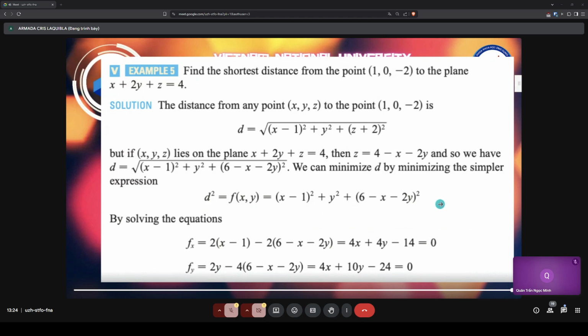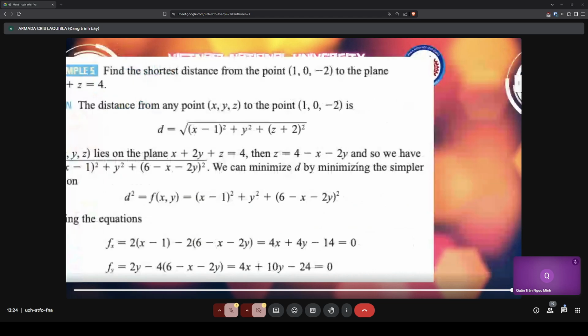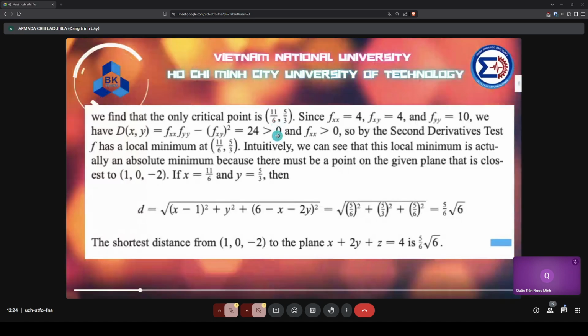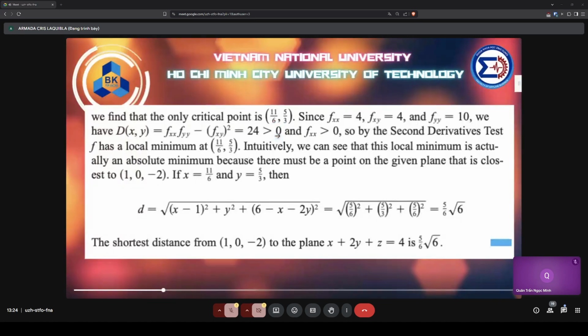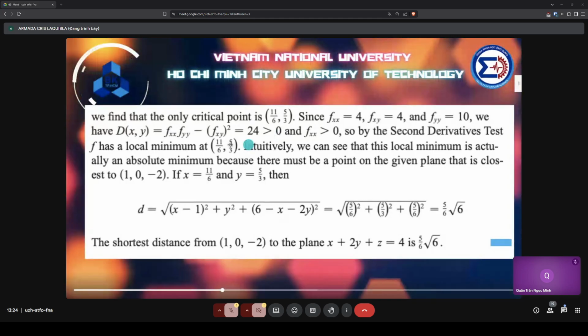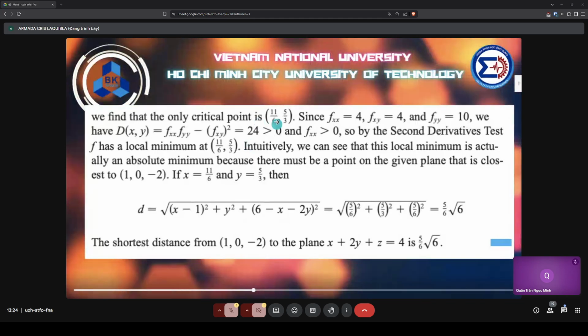Are you done? Am I too fast? Okay, please try that. If you are done with it, your answer becomes: it has only one value for x and one value for y, because there are two equations in two variables, x and y.